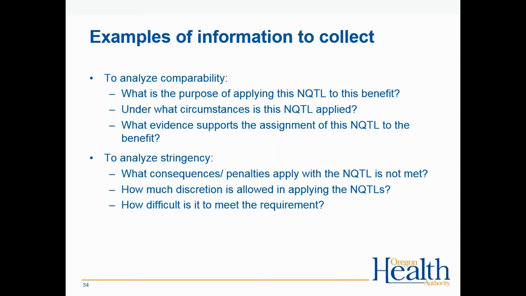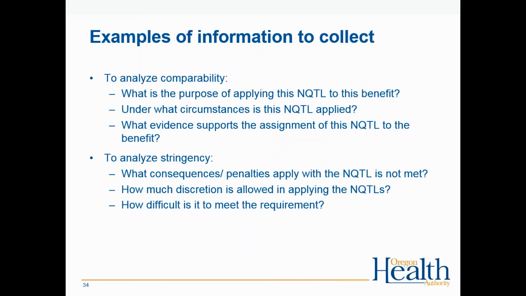So here we're looking at the types of information we want to collect about each service, as it relates to an NQTL type, and then looking more broadly at the type itself. The kinds of things we want to look at in researching services and NQTLs is, one, as Leah had pointed out, to analyze comparability, and questions we might ask of a particular service and of the NQTL type more generally is, what is the purpose of applying this NQTL to the benefit?